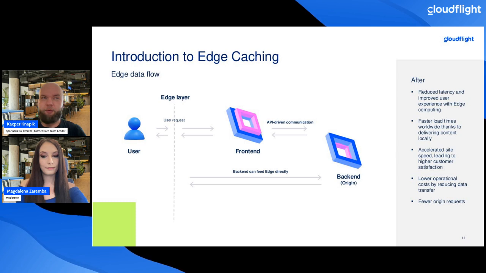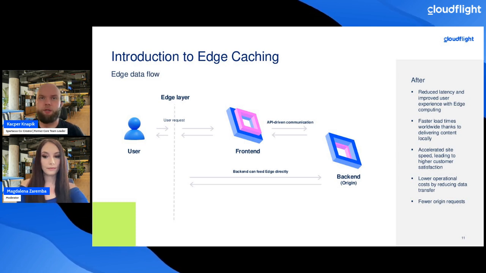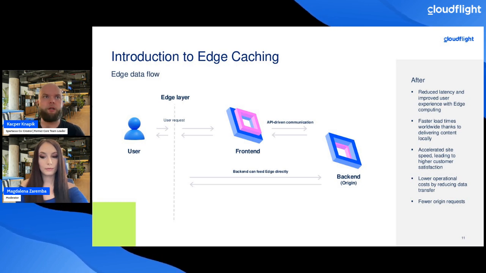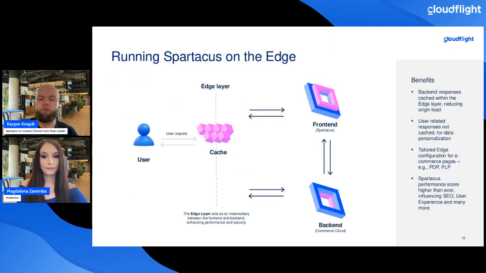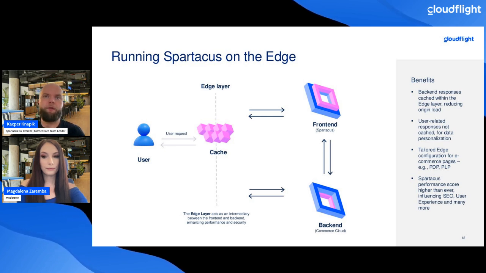When we have the first request, it doesn't matter if we are using SSR or CSR. What happens to the right side of the edge layer doesn't matter for the edge. If it's a CSR and this is only the outcome of the CSR, or if this is the SSR, we don't really care. We just cache whatever comes from these. If this is CSR, that's fine. If this is SSR, that's fine.